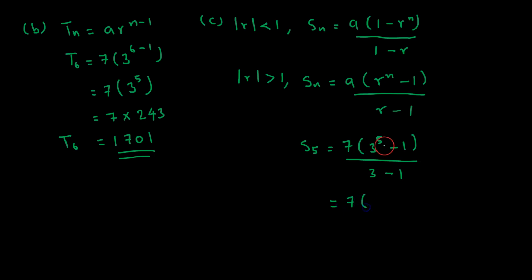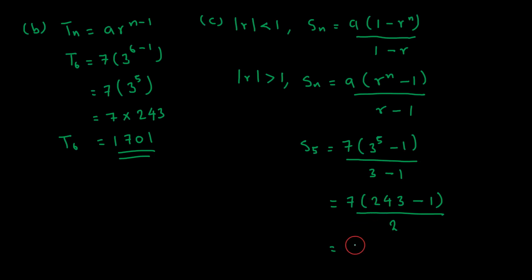So 7 times 3 to the power 5, which is 243, minus 1, over 3 minus 1, which will give us 2.